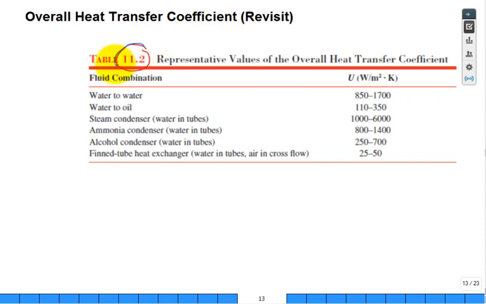textbook, table 11.2. What do they do? It's the overall heat transfer coefficient. These are representative values. So if I have water to water, you're probably in this range of overall U. If you're significantly out of that range, look at some of your calculations and look at some of your assumptions. Maybe something's off. These are very helpful.